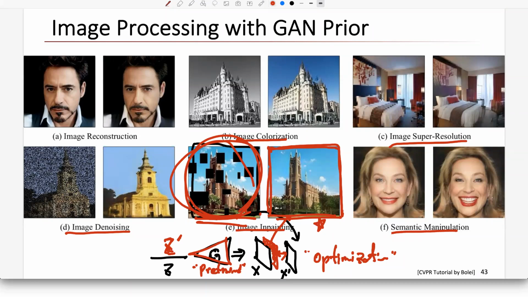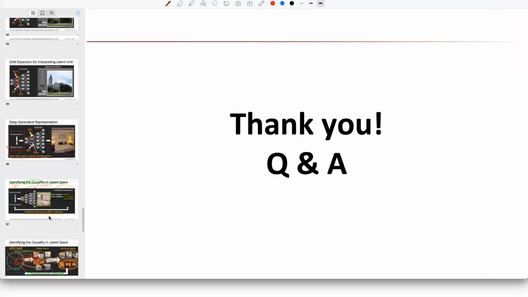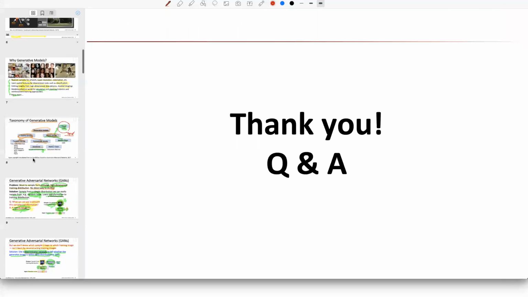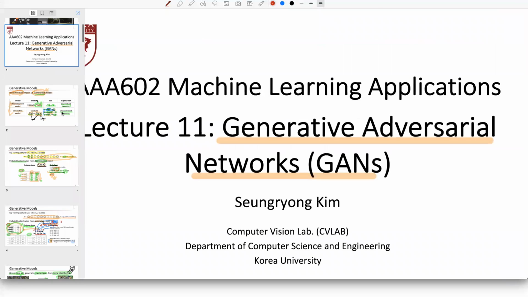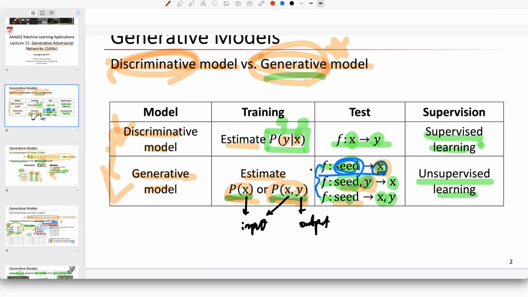Okay, so this is the end of today's lecture. So far in this lecture, we discussed the generative model. Among the generative models, we discussed the GAN, the generative adversarial network.